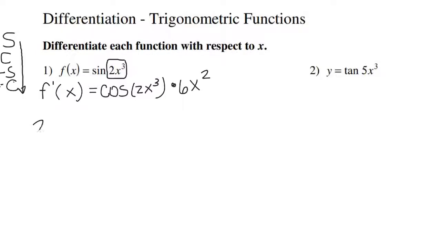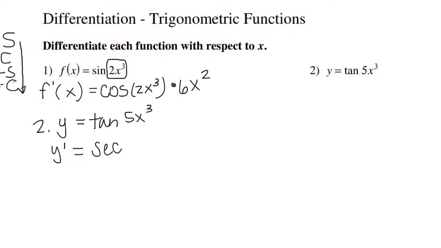All right, so let's go look at number 2. So we have y equals tangent 5x cubed. Y'all go look for me. What's the derivative of tangent of an angle?